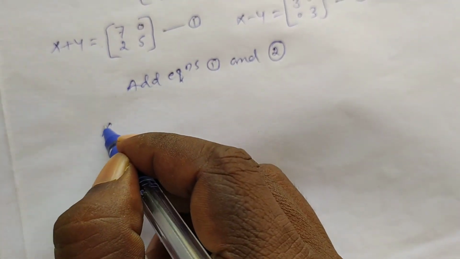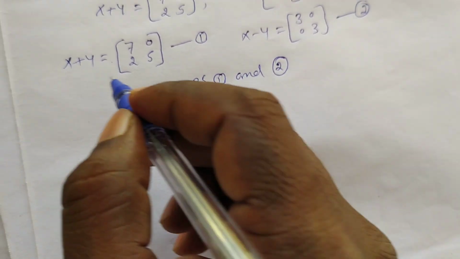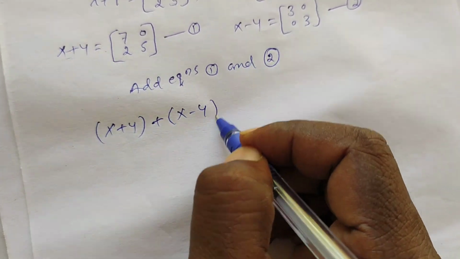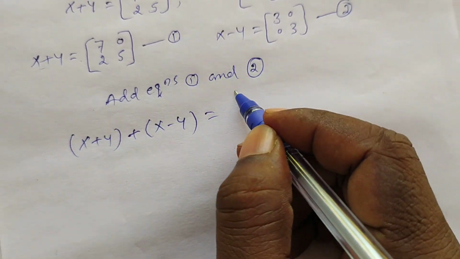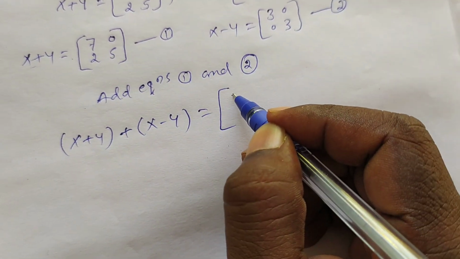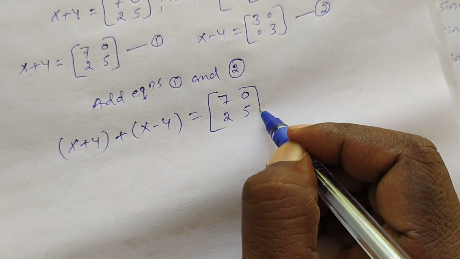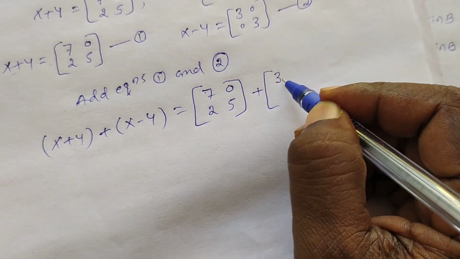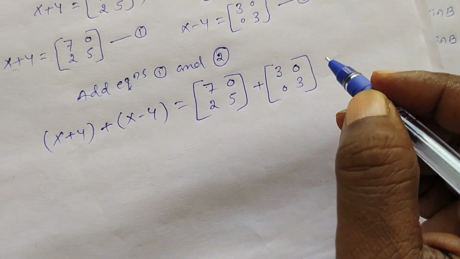So X plus Y, this is equation number 1, plus X minus Y is equal to 7025 plus 3003.